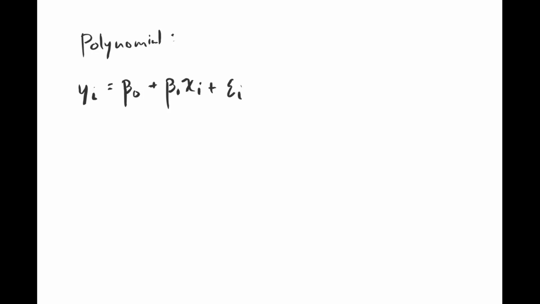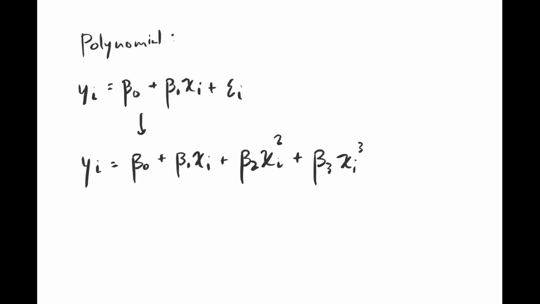And essentially what we're going to be doing is something like this: beta 1 xi plus beta 2 xi squared plus beta 3 xi cubed, and so on and so forth, beta d xi to the d, plus my epsilon.